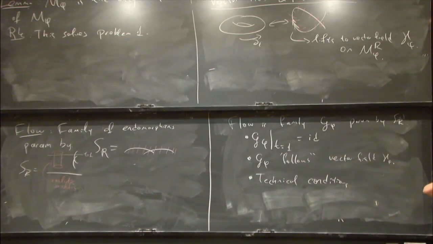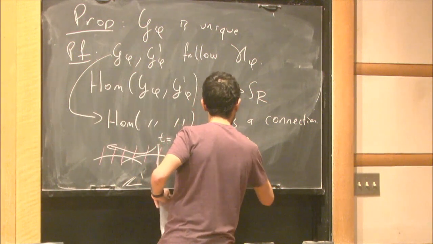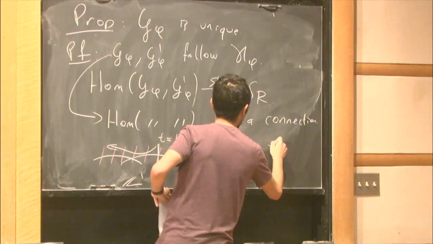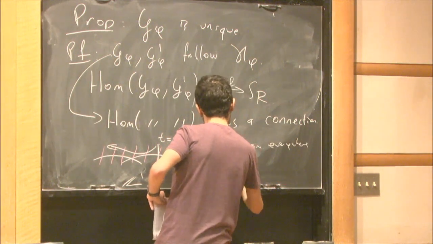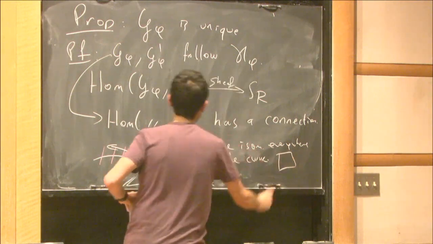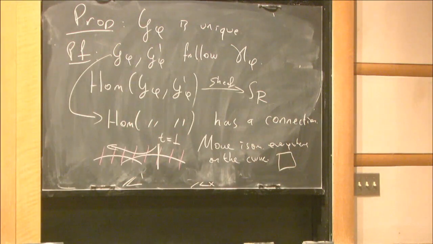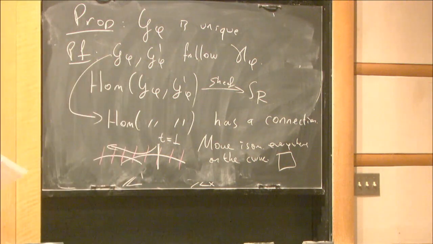So you can move the isomorphism everywhere on the curve. Of course, this is a little informal. There are a lot more rigorous and algebraic statements that I will not really make here.